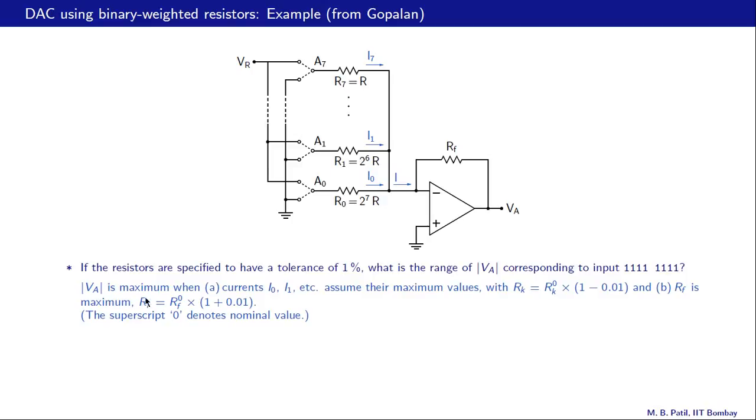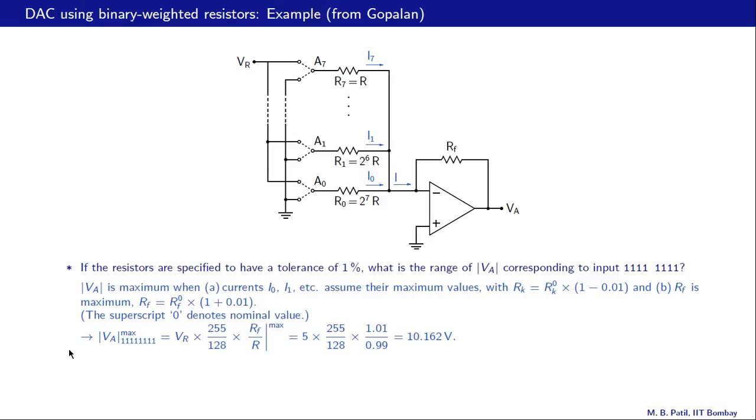So mod VA is maximum when currents I0, I1, etc. assume their maximum values, with RK equal to RK0, that is the nominal value, times 1 minus 0.01, that is 0.99. So these resistances take on their minimum values. That's how these currents become maximum. And second, RF is maximum, that is RF is equal to its nominal value times 1.01.